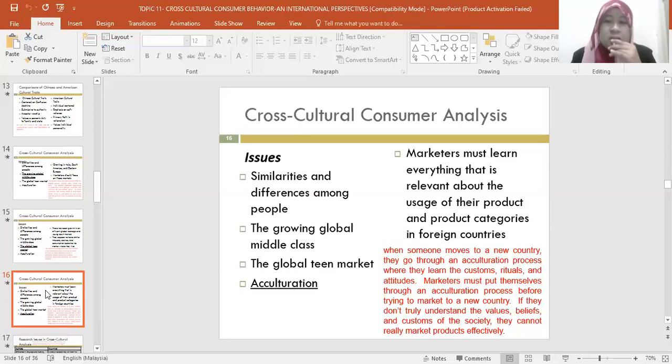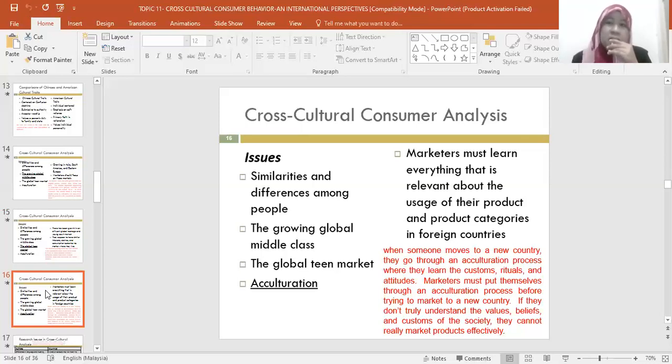Marketers must put themselves through the acculturation process before trying to market in a new country, of course, because you have to go through this. And if they don't truly understand the values, beliefs, and customs of the society, they cannot really market the product effectively. So the most important thing, by hook or by crook, is that you have to do the market survey.